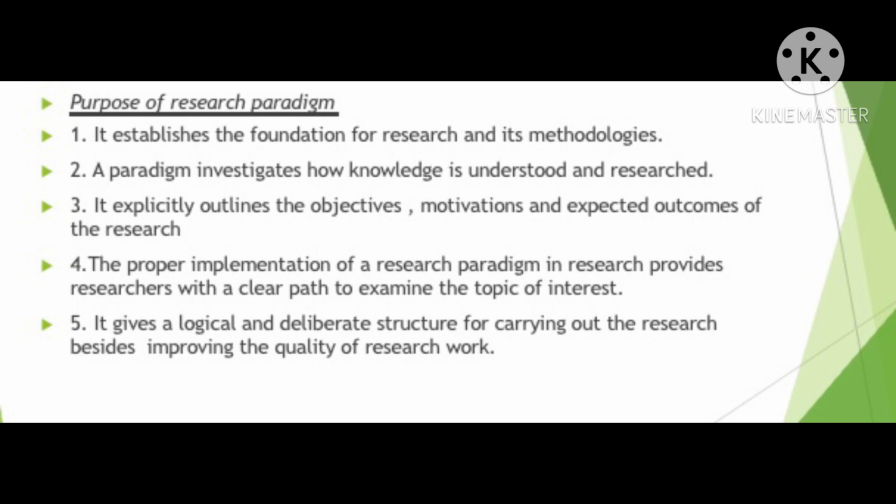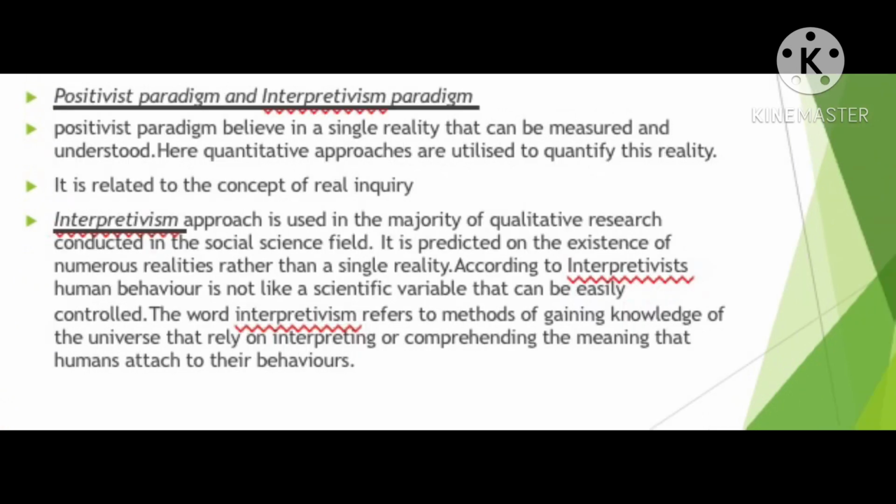Fifth point is it gives a logical and deliberate structure for carrying out the research besides improving the quality of research work. So from these points we can see that for quality research work we need a better research paradigm. We should select a research paradigm according to our research work.